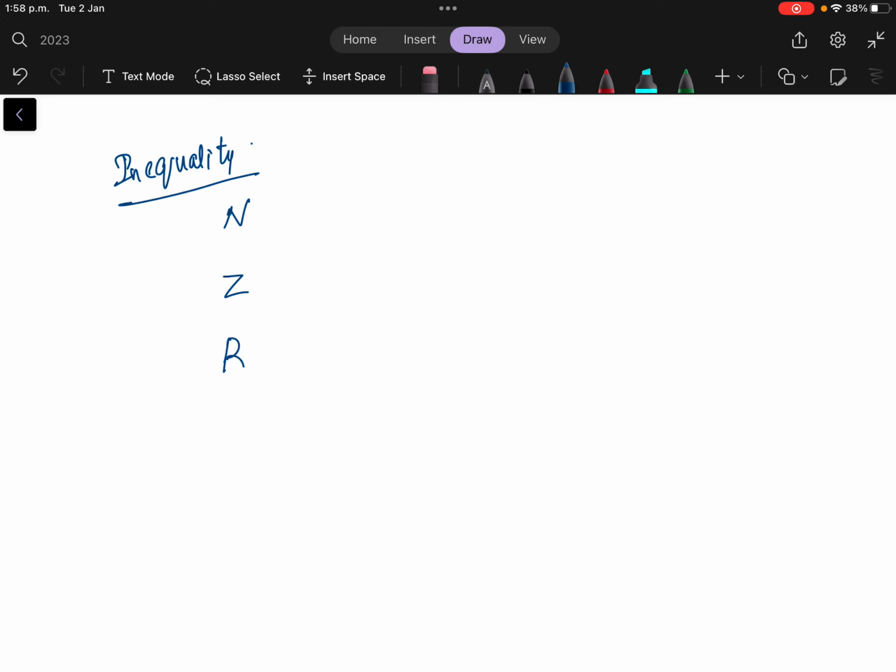Whenever you are denoting the natural numbers, it is like 1, 2, 3, so you just put a dot for each. And for Z it will be minus 2, minus 1, 0, 1, 2. It goes on to both sides.